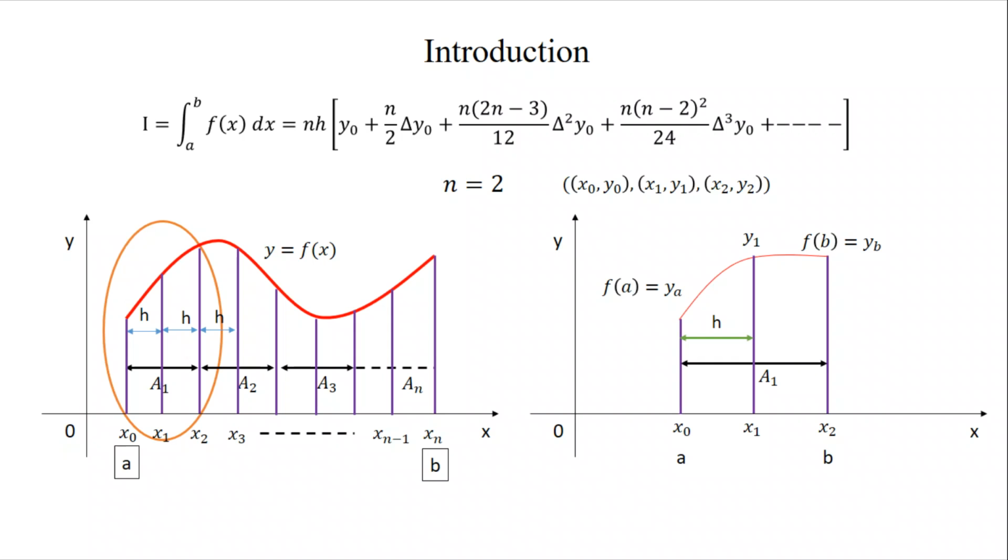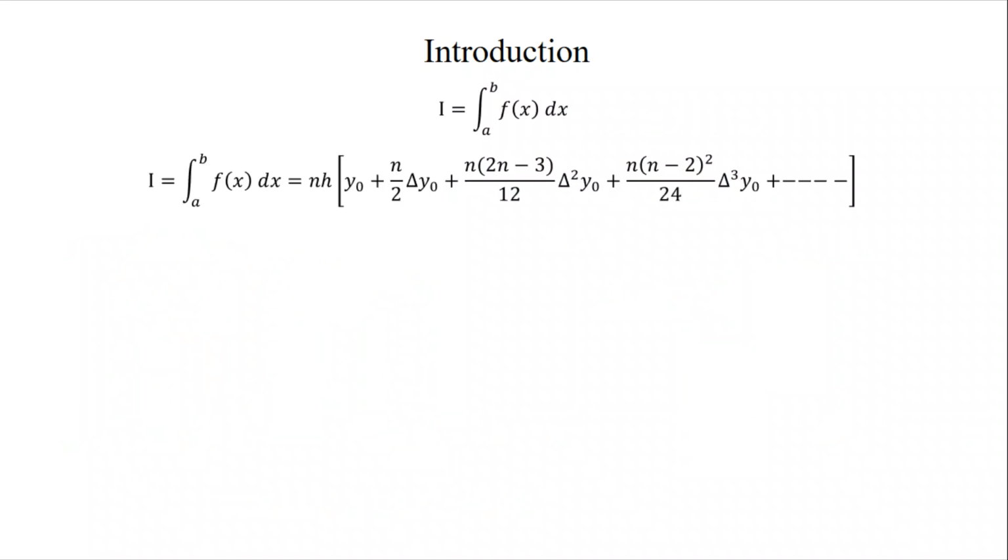On the curve, the y coordinates are ya, which is nothing but y0, y1, and yb is nothing but the final limit, y2. Then a is x0 and b is x2, and in general x0, x1, x2 up to xn minus 1, and b is xn in terms of x coordinates.